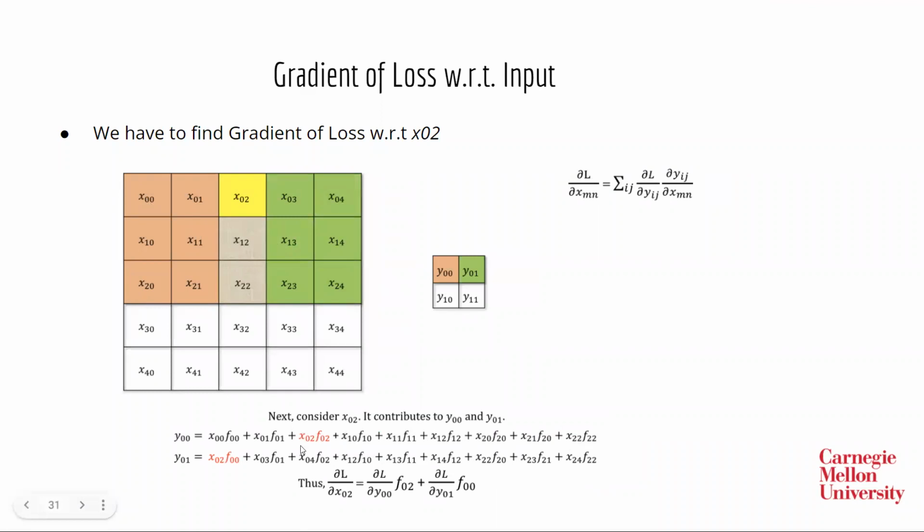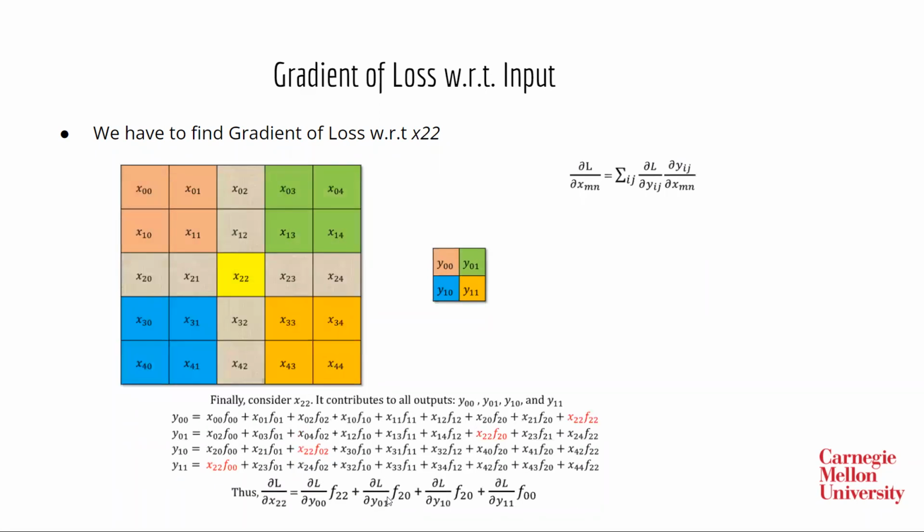So you can see that x02 is going to contribute to 2 outputs now, y00 and y01. So there are 2 terms in the gradient of loss with respect to x02. Similarly, you can look at x22. So x22 is contributing to all the 4 outputs. So you have 4 terms here.